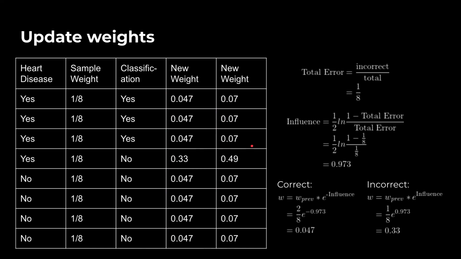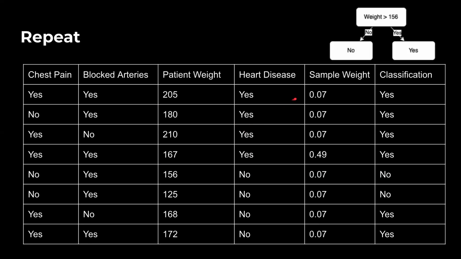So now we take these new weights and we repeat. So here's the data set on the left here again, and then here we have the new sample weights. So 0.07, except for this one row, which is 0.49. And then we, again, create a new decision tree.